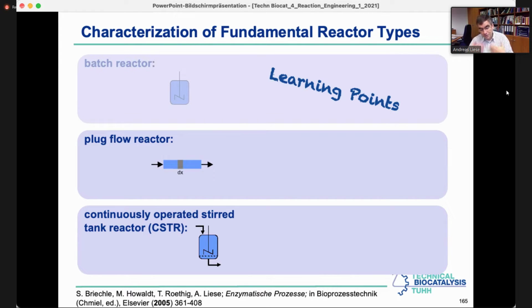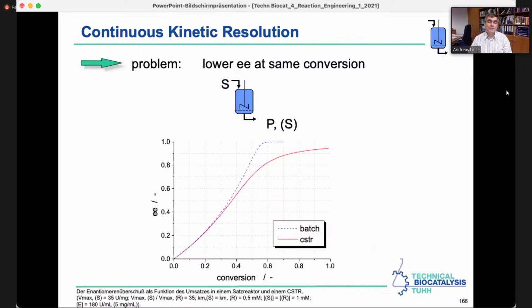If we now want to see this in a realistic manner and we plot for the system EE as a function of conversion, you see a simulation for a given reaction system, where the rate ratio is 35, the initial activity. You can see the dashed line is that of a batch, which equals the plug flow reactor, where we need approximately 60% conversion to yield 100% EE.